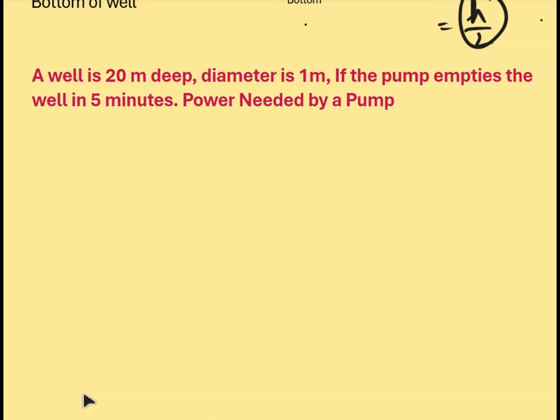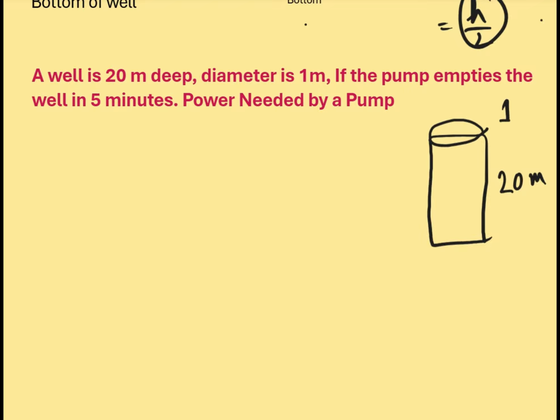So let's understand the problem where actually we are using h by 2 or half of the height of the well. So this is a problem where the height of the well is 20 meter. Diameter of the well is 1 meter.